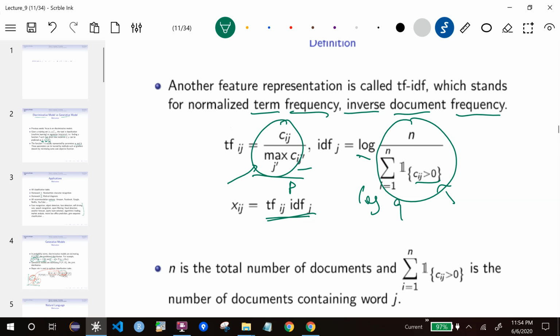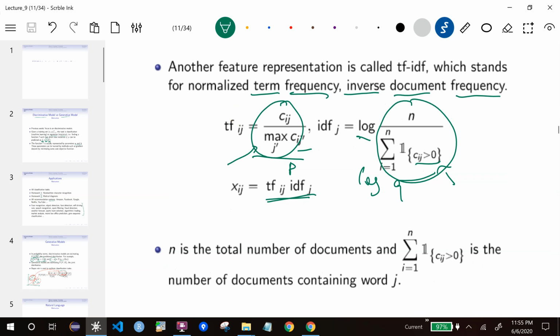So it has some relationship with information theory, but it's not clear how these probabilities come up like this. There are explanations if you read the Wikipedia page of Tf-idf, with some information theory related explanations. So I will not explain these here. I explained what these notations mean, but you'll never be using this.